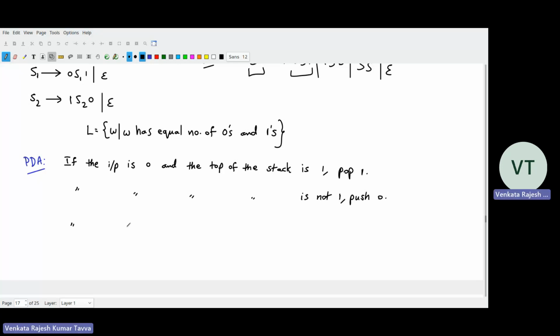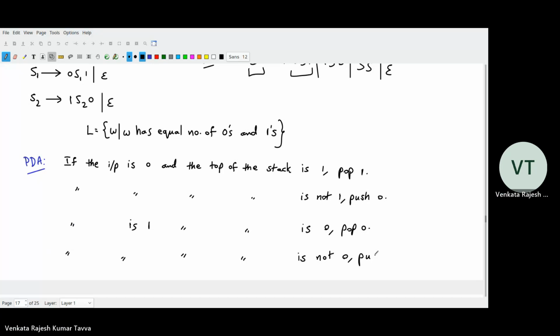Okay. If the input is 1 and the top of the stack is 0, then what should I do? Pop 0. If the input is 1 and the top of the stack is not 0, then what should I do?